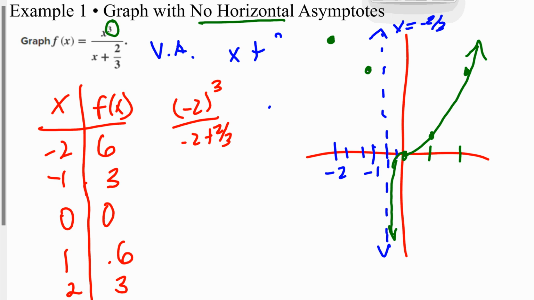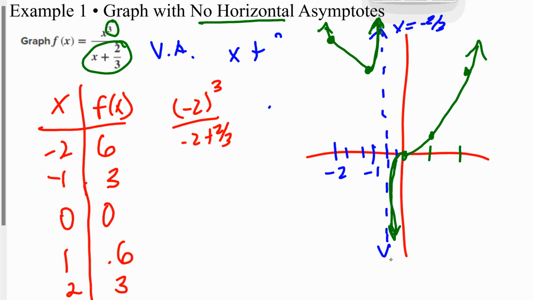And then this one kind of goes back around. What's nice about one vertical asymptote is that if you have no common factors on the bottom, then if one side goes up around the vertical asymptote, the other side will go down.